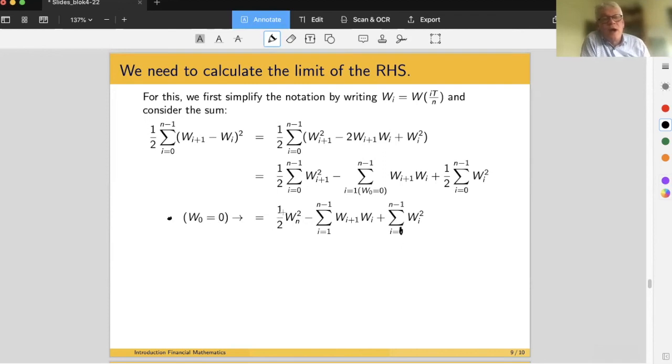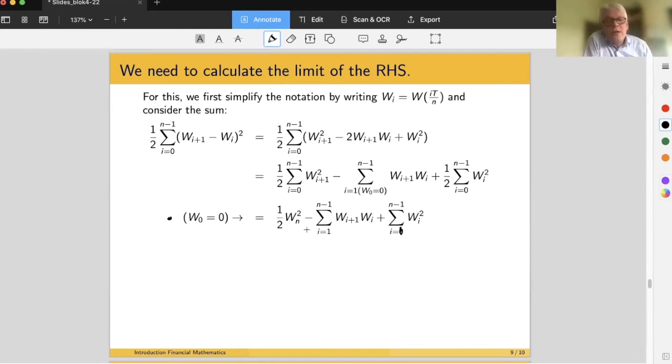So we have 1/2 w_n squared, the one that remains from this term, minus the mixed term, the sum from 1 to n minus 1 of w_{i+1} times w_i. And we have these two added, and that is a sum, i runs from 1 to n minus 1, of w_i squared.